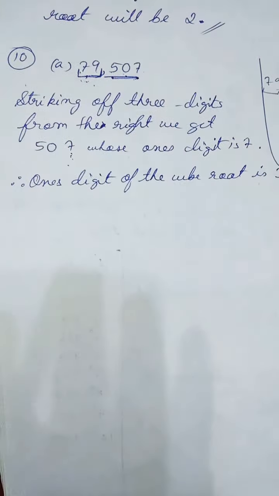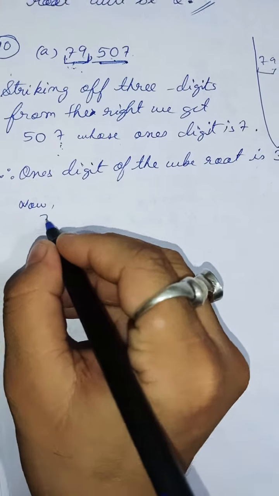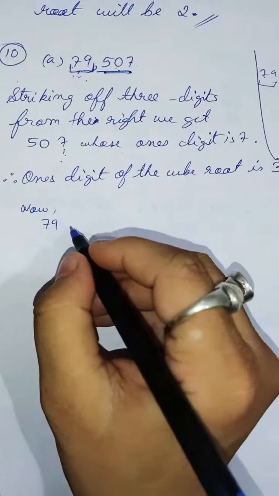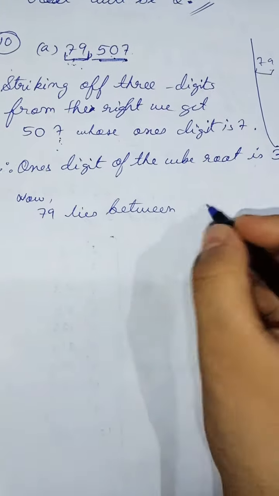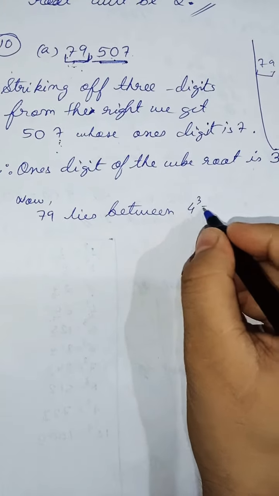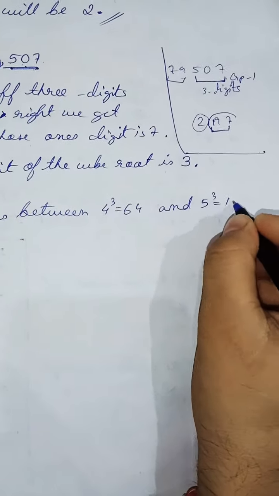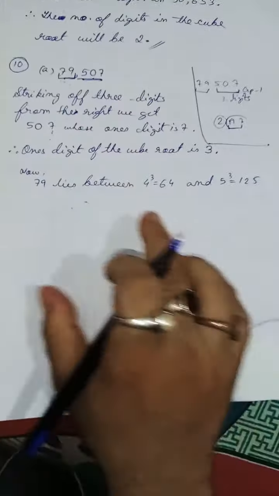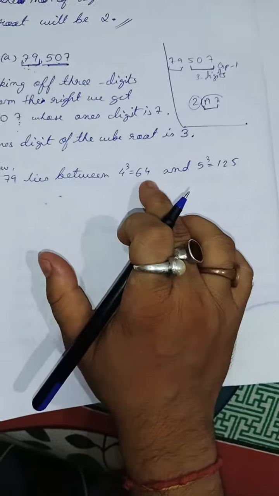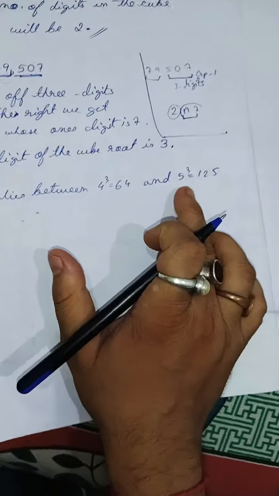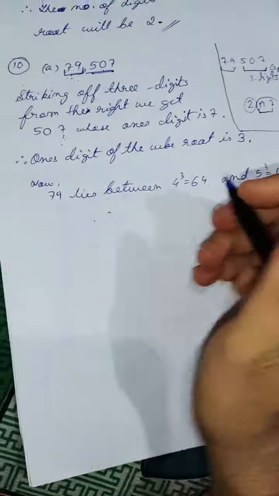If not, then between which two cubes this number will lie. Now if I see properly in the cube table, 79 lies between 4 cube, that is 64, and 5 cube, that is 125. It's clear: 79 will obviously lie between the cubes of these two, because 79 is more than 64 but less than 125. So it lies between these two consecutive cubes.